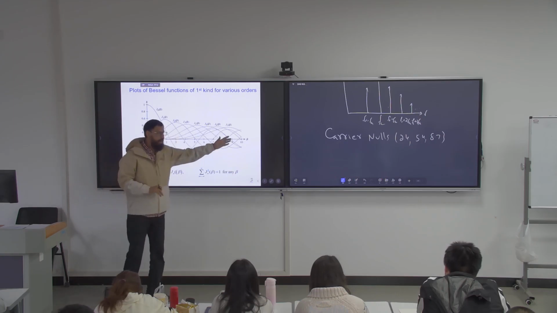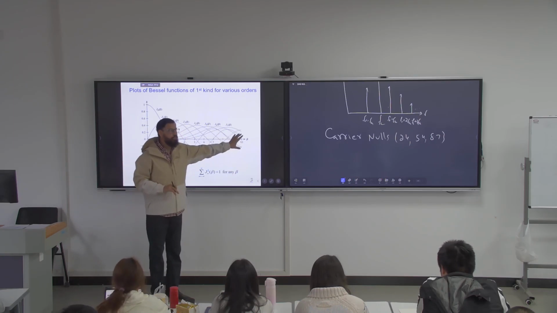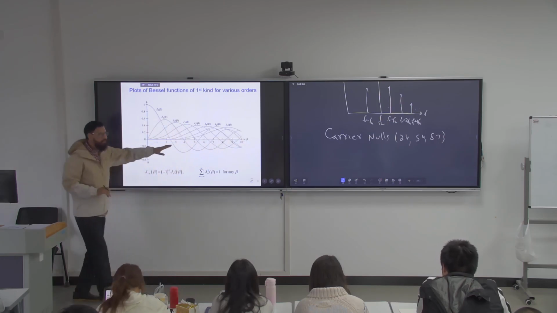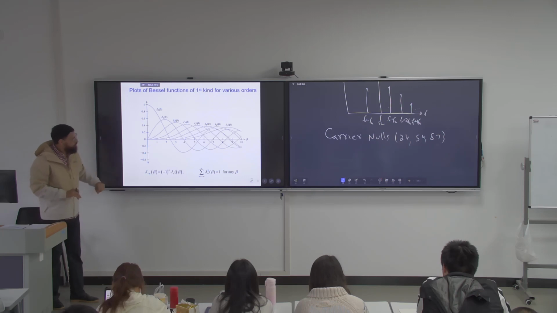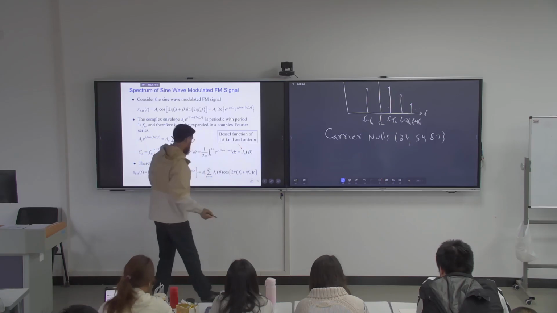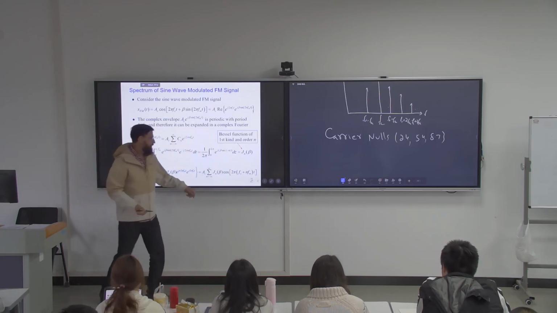So when I'm increasing beta, a point will be reached, for a certain beta value, where these go almost to zero. And that equation actually tells us how it will go to zero, right?